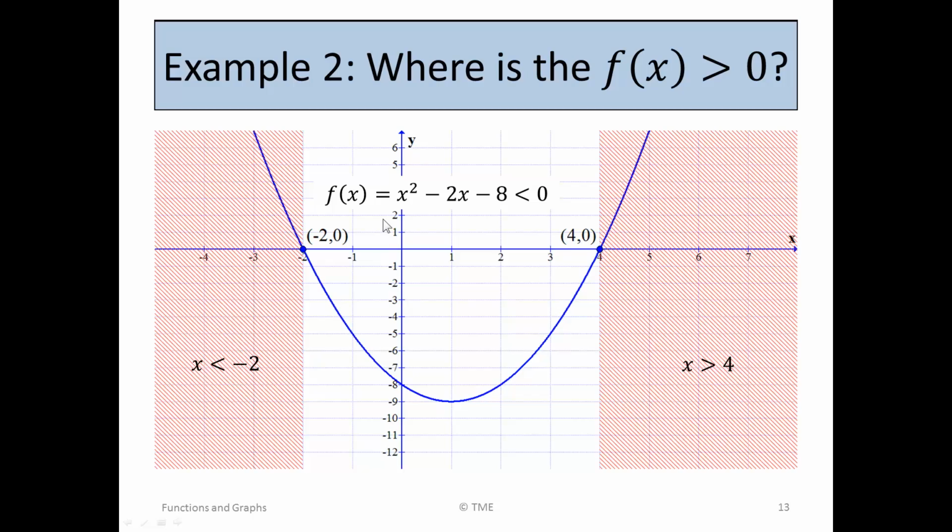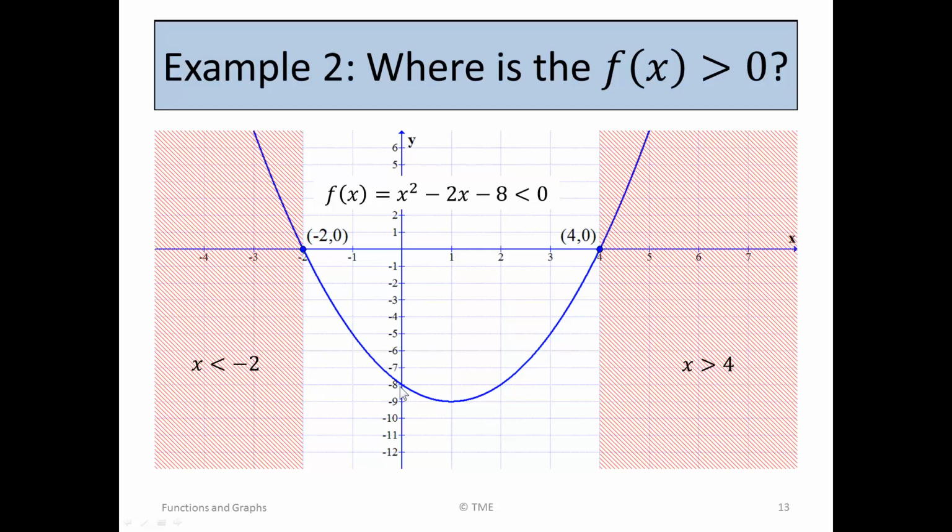We can see that, for example, in the white area, or the clear area, between minus 2 and 4, f(x) is equal to x squared minus 2x minus 8 is less than 0, because the y value is negative. The f(x) turns out to be negative, just as we find that the point (0, -8) is on the graph.